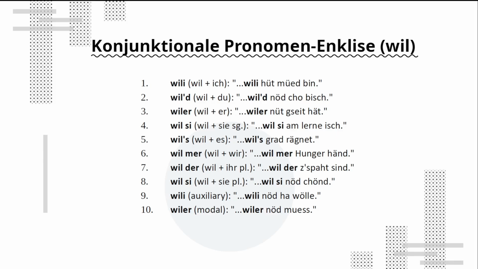Instead of separate words, the conjunction and pronoun become one unit to maintain the melodic, fast-paced flow without choppy pause. Now, I wouldn't call Swiss German melodic, but yeah, it's true. And the rule for it is the conjunction will, because, glues itself to the subject pronoun, often dropping vowels to create a single phonetic unit.